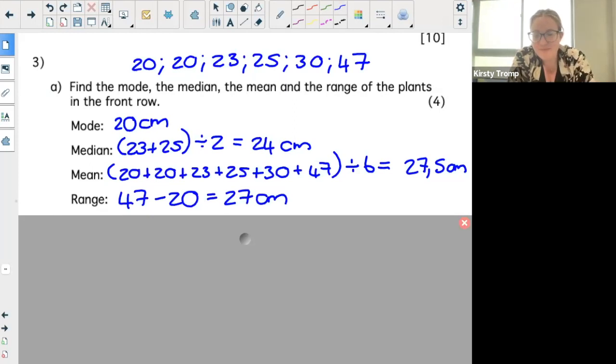Miss, my teacher told me that you must add all the numbers and then divide by 9. Is it right to divide by 9? No, if you had 9 different things, then you would divide it by 9. Let's say you were looking at the mean for 8 soccer matches.